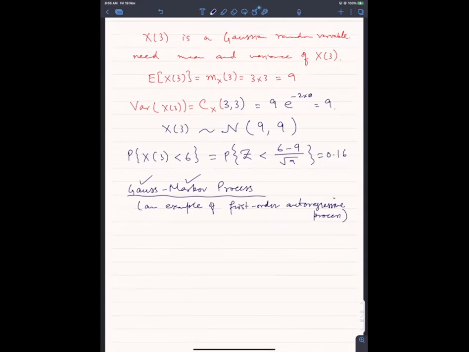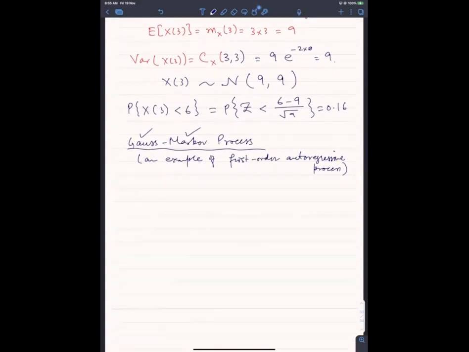We may not have time to go into the full detail of first order autoregressive process, but Gauss-Markov process is an example of one of those processes. कैसे define करते हैं इसको? So ऐसे define करेंगे. x1, x2, डॉट डॉट डॉट are IID normal 0 and variance n.